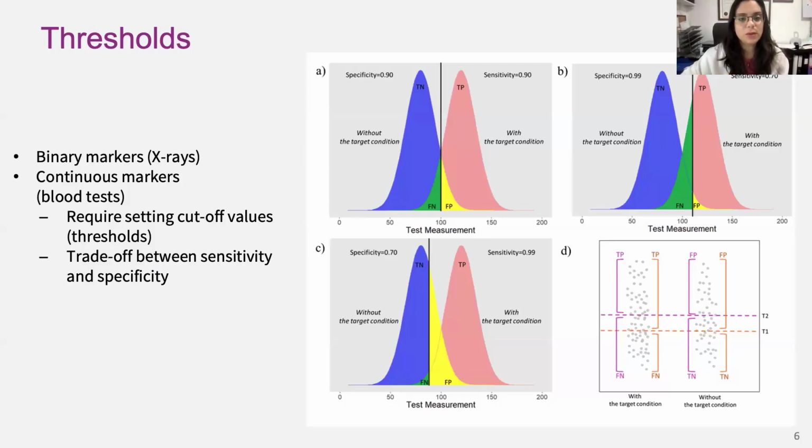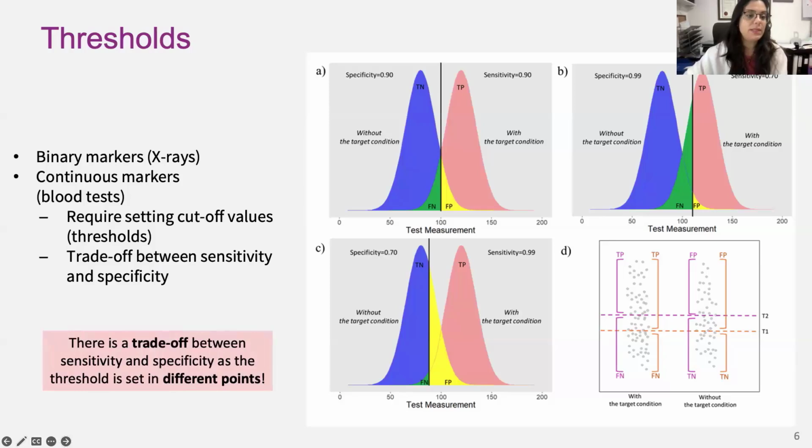So, for example, moving the threshold from 100 to 110, we can see that sensitivity decreases from 90% to 70%, whereas specificity increases from 90% to 99%. And similarly, if we change the cutoff value from 100 to 90, then sensitivity will increase and specificity will decrease. So there is a trade-off between sensitivity and specificity as the threshold is set to different points. And that's what actually induces correlation. That's the threshold effect.